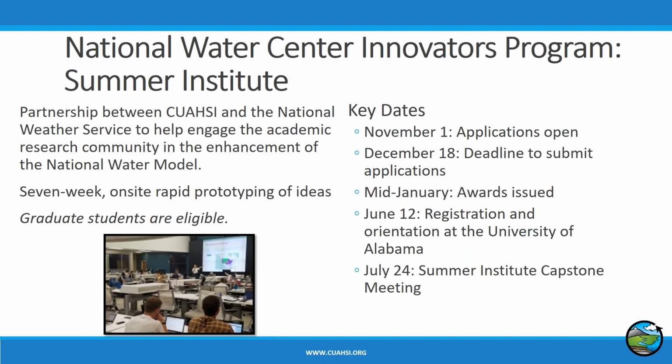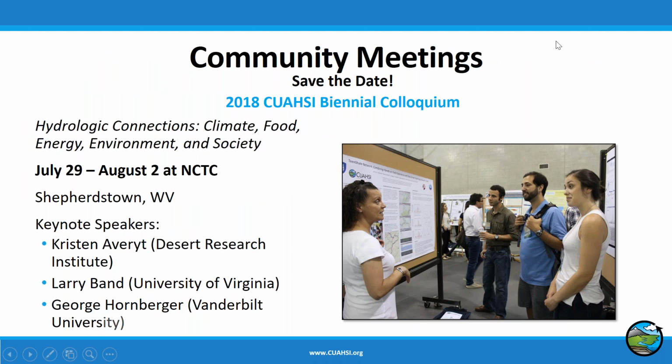We have the National Water Center Innovators program, which is the Summer Institute, and the key dates are there. The applications are due in November for next year's Summer Institute. Again, for graduate students. We have our 2018 biennial colloquium coming up.